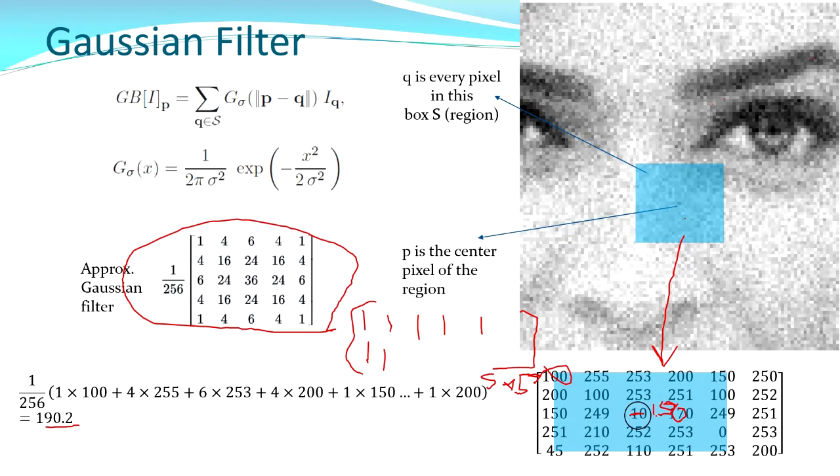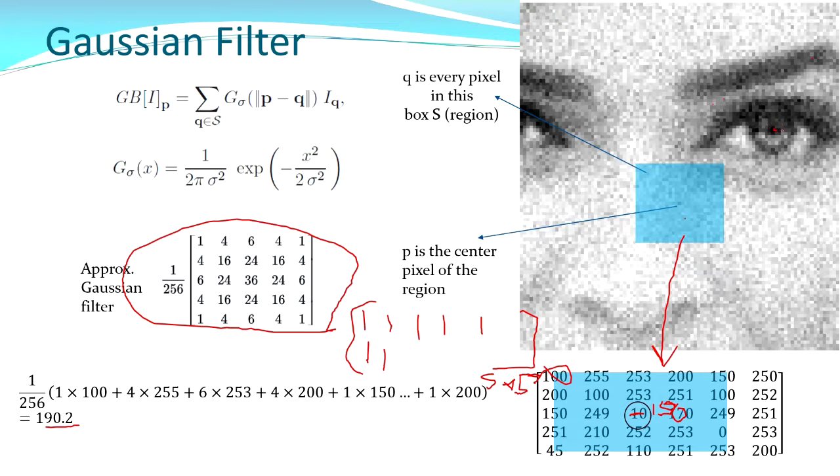The reason being, you can see that these pixels will be more closely related to the center pixel. Since we are changing the value of the center pixel over here, the farther you go from the center, the less they relate. If I give you an example, take a pixel of an eye.